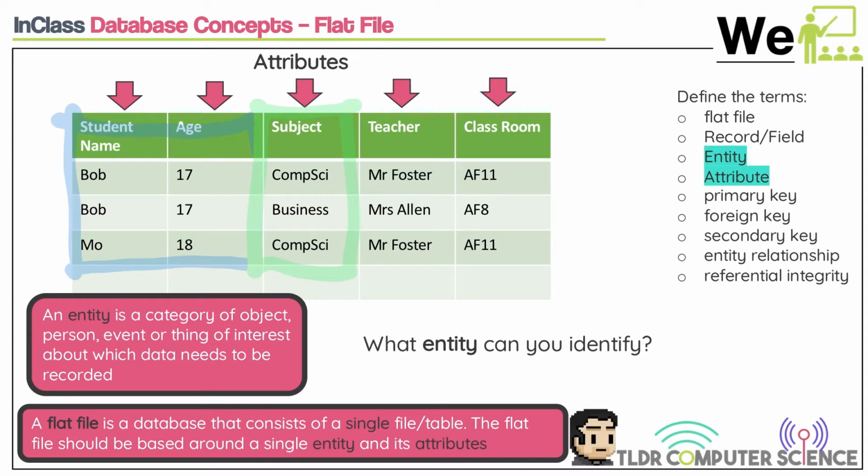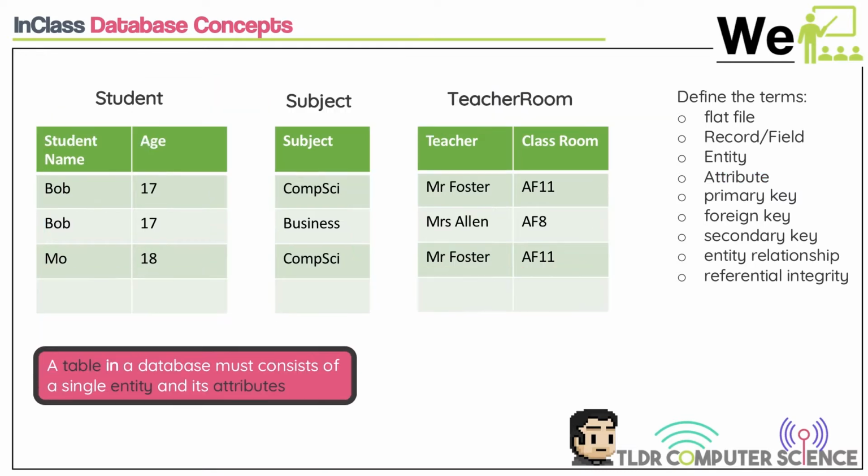And then I'm packaging the teacher and their classroom because I'm saying the teacher exclusively teaches in the classroom that they're given and nobody else does, which probably is not true of a lot of places, but to make my life a little bit easier, I have said that. And so here we can see that I've broken it down into 3 separate entities. I've got students, I've got subject, and I've got teacher room.